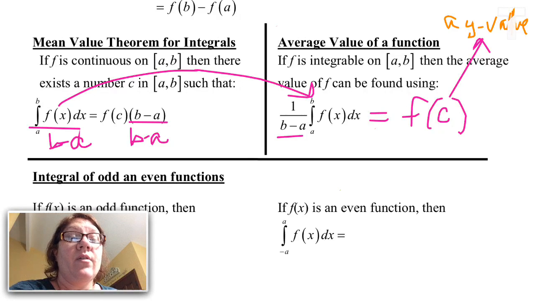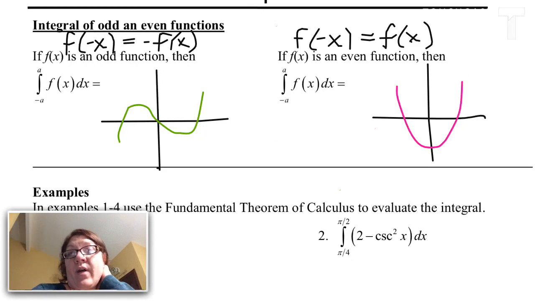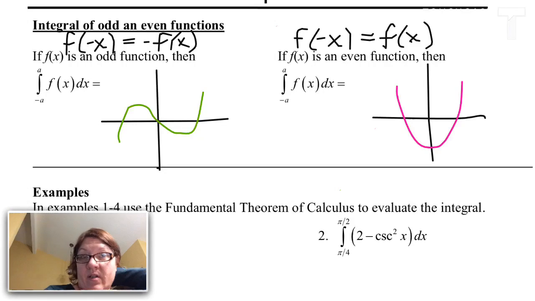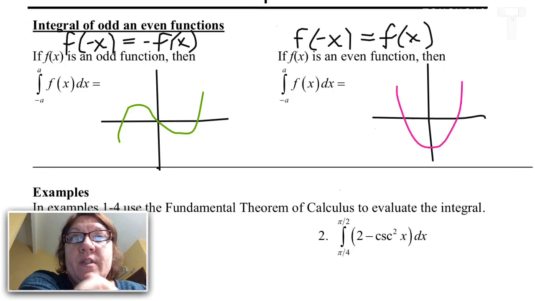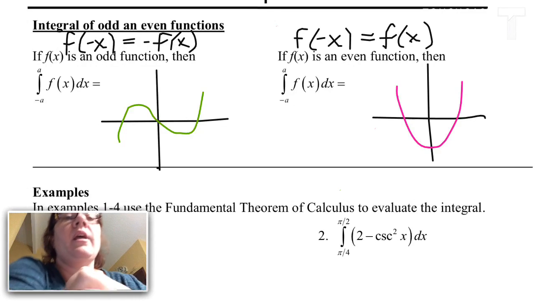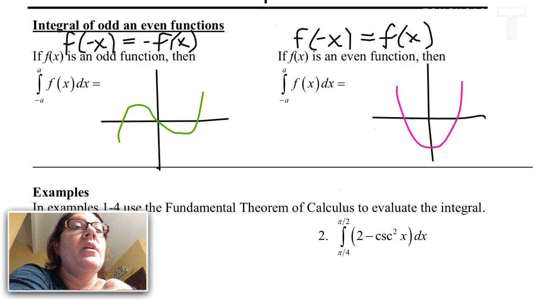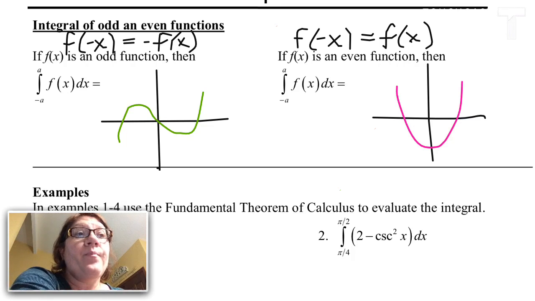Okay, so on the next two, these are kind of special cases for the integrals for odd and even functions. Keep in mind that in order to determine if it's an odd function, if I plug in negative x, I get negative y. And for the even function, if I plug in negative x, I get positive y.